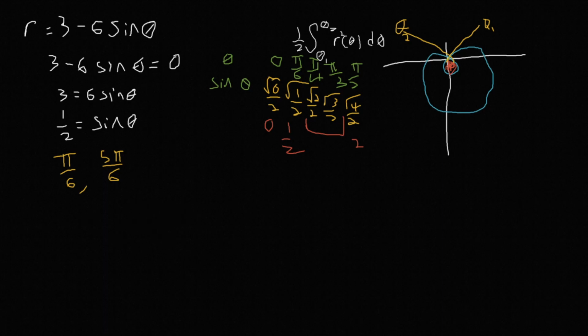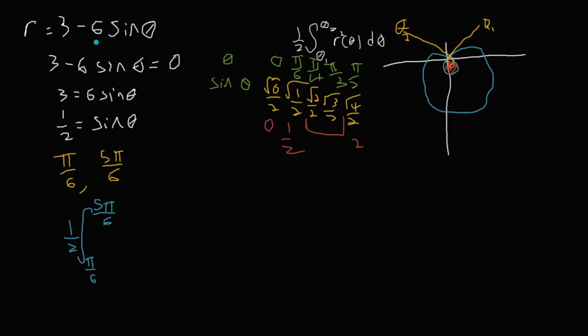And so now we can integrate this. And usually for the non-calculator questions, they're going to say, write this integral. So we're going from pi by 6 to 5 pi by 6. If this is a non-calculator question, this is where you would stop. And if this was a calculator question, you'd substitute this into the calculator.